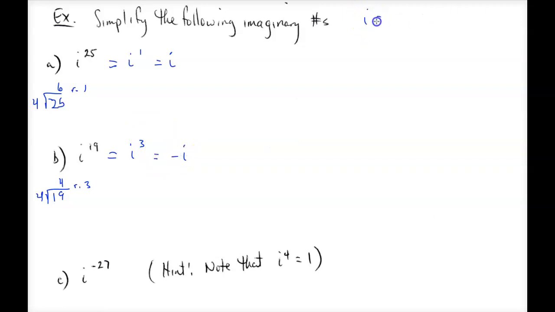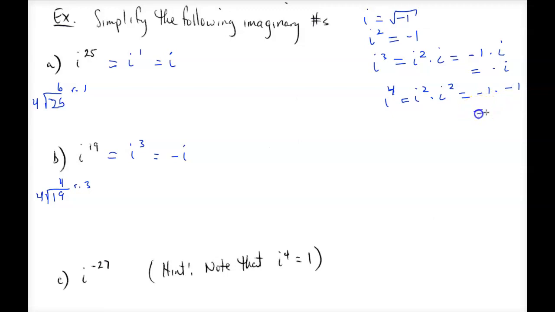Because if you remember, i is the square root of negative 1, i squared is negative 1, and i cubed is i squared times i, which is negative 1 times i, which is negative i. And i raised to the 4 is i squared times i squared, which is negative 1 times negative 1, which is 1. So this is the basic chart that we're going by here.